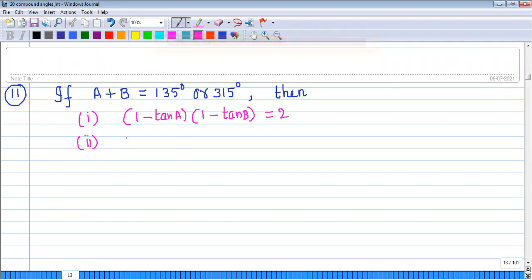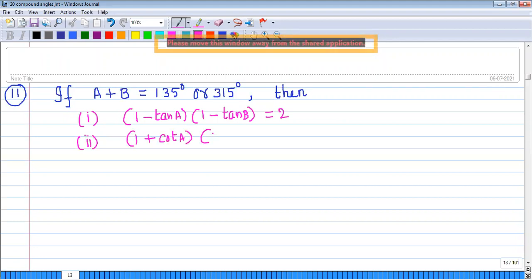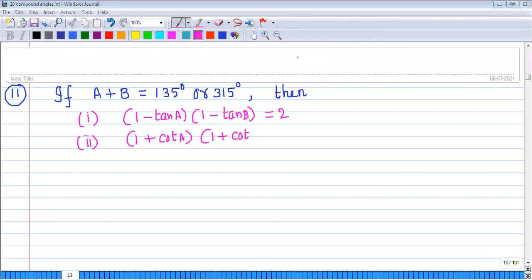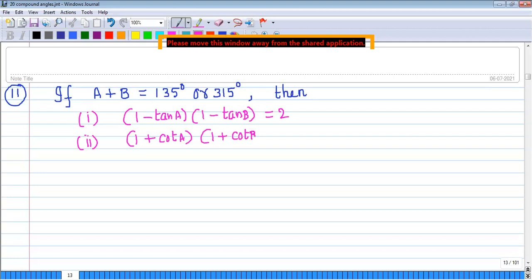Second, 1 plus cot A times 1 plus cot B equals 2.